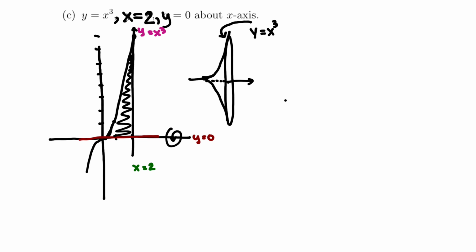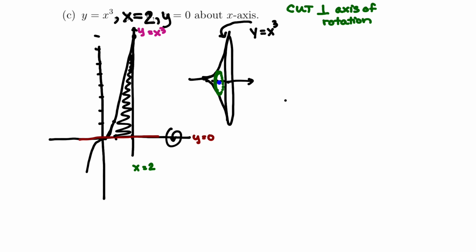And when you're cutting, for today, we are cutting perpendicular to our axis of rotation. We'll cut the other way next time. So when we cut perpendicular to the x-axis, you want to be able to say, this is my radius.